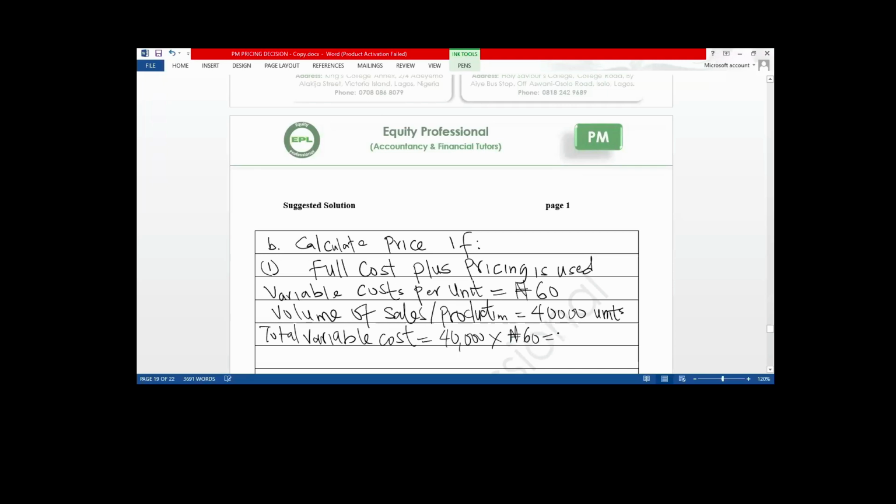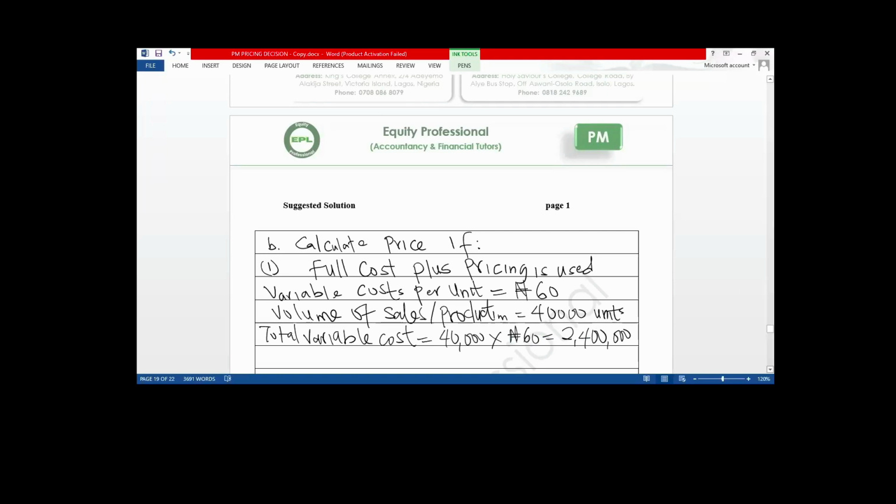That will give us 2,400,000. All right. Remember, full cost. You must pick the variable cost and the fixed cost and all other costs. That is the full cost method.